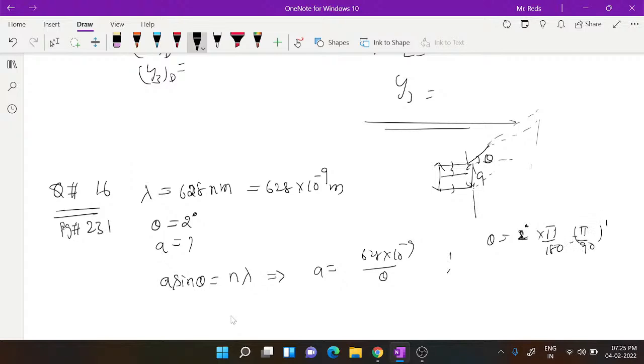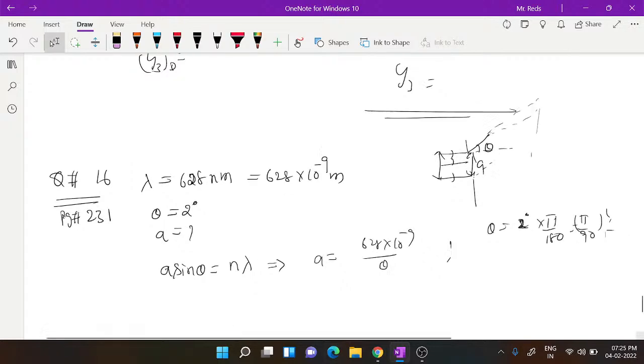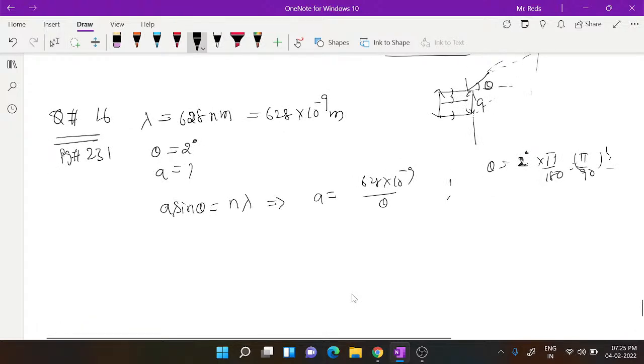If you replace theta with pi by 90, then A is equal to 628 into 10 power minus 9, with pi expressed as 3.14, divided by 90.